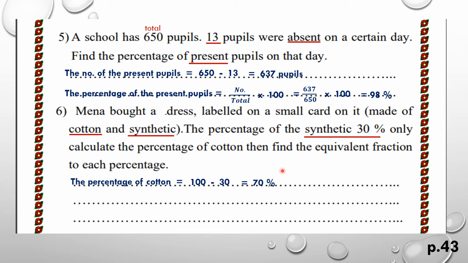To find the equivalent fraction for this 70%, we are going to divide it by 100. So, the fraction of cotton equals 70 divided by 100 equals 7 over 10. The fraction of synthetic equals 30 divided by 100 equals 3 over 10.